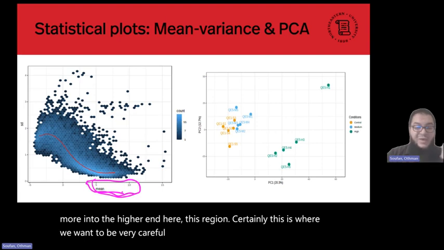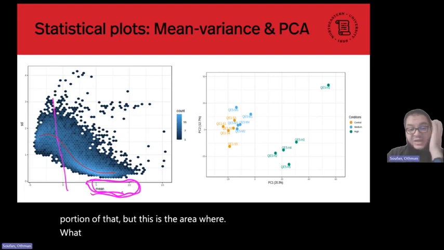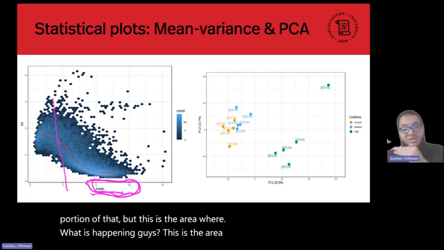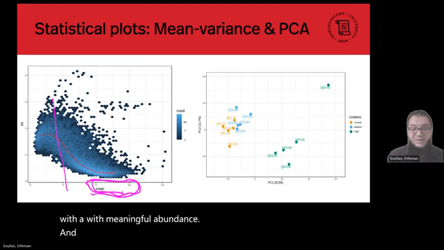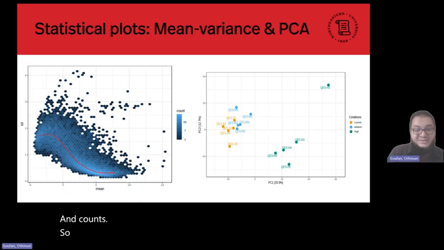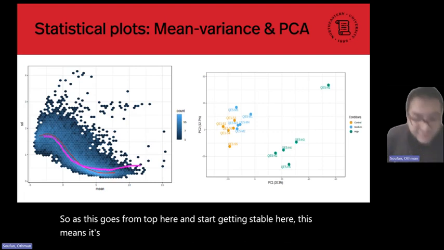We may end up filtering even a portion of that, but this is the area where we have genes with meaningful abundance and counts. So as this goes from the top here and starts getting stable here, it means it's a nice behavior.